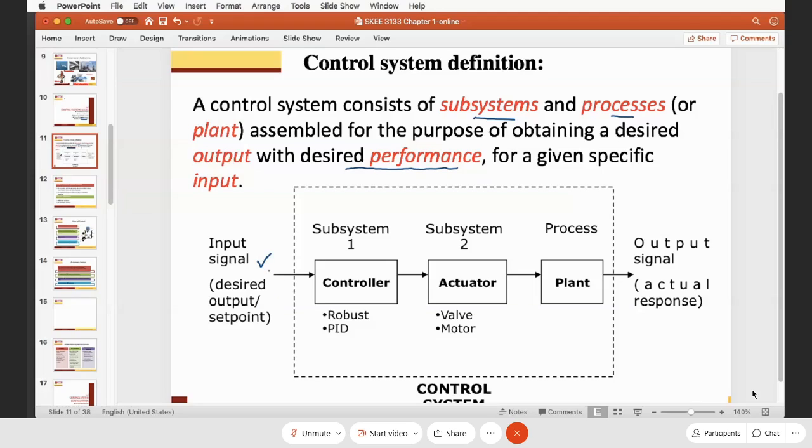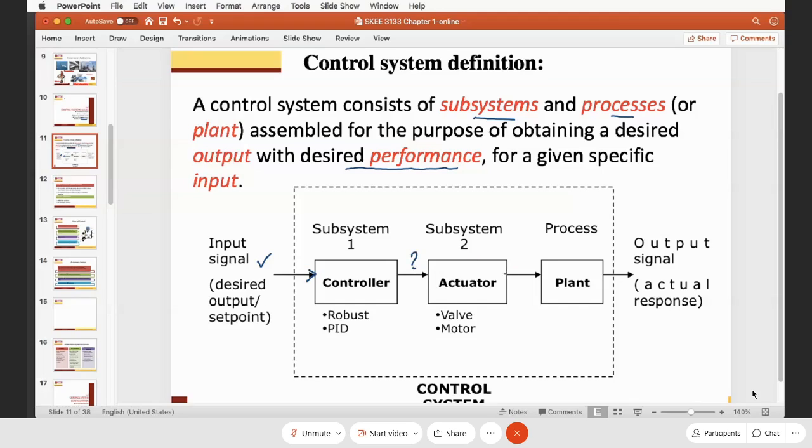That is the input signal that we set to our system, and the first part we can call the controller. Controller can be an amplifier, can be an attenuator. That is the controller to control the signal. Then output from the controller goes to the actuators.